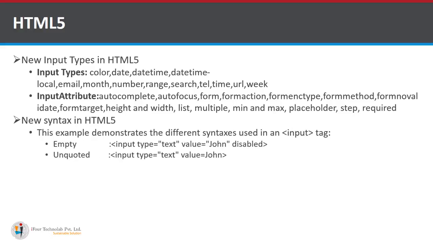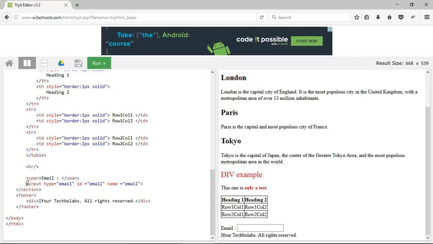You can see here. Now let me show you one of the input types, email. Here I have already given input type equal to email, ID equal to email, and name equal to name. What will happen if I type an invalid email ID?